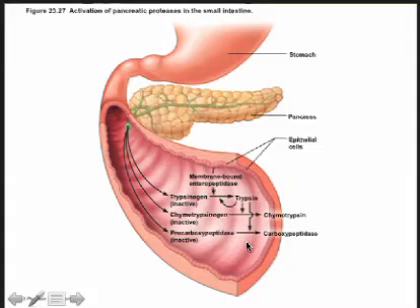Once they're short enough, the carboxypeptidase can then act on them. But we have to get the proteins down to small enough polymers in order for these enzymes to be effective.